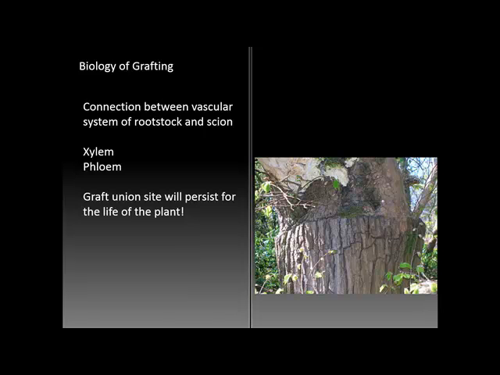Those tissues need to be united and functional in order for the graft union site to persist. Once those connections are established, however, the graft site should persist for the life of the plant.